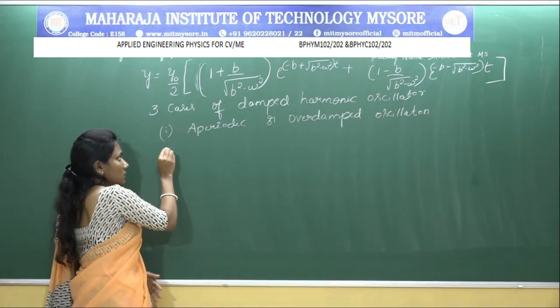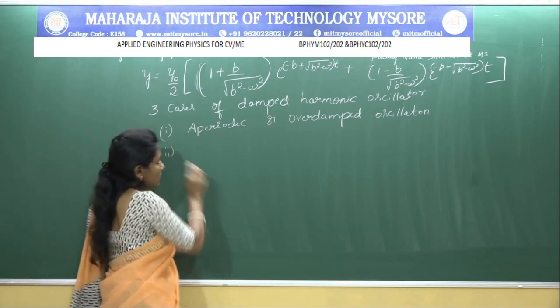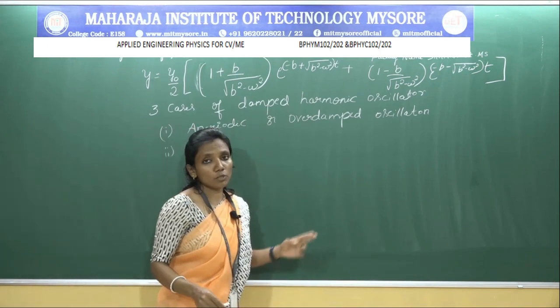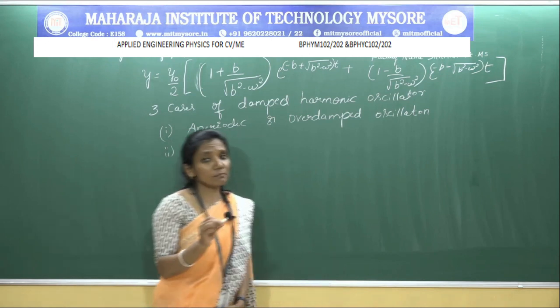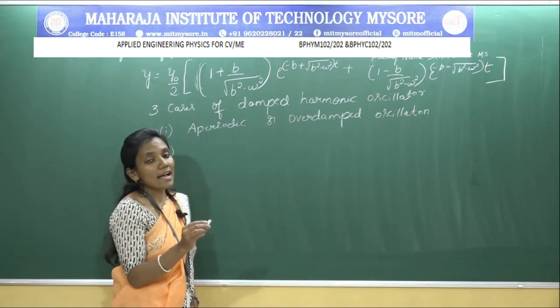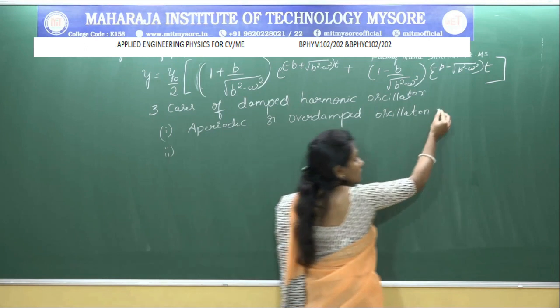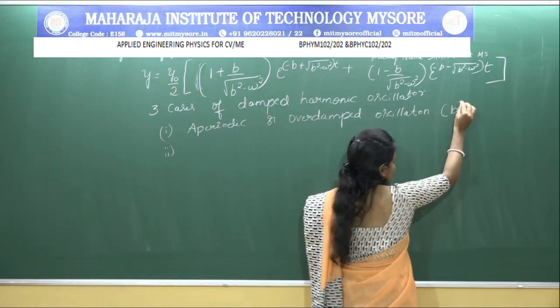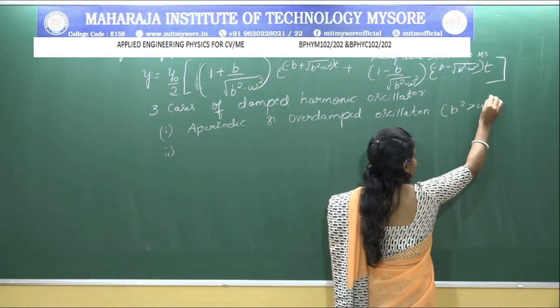In this aperiodic or overdamped oscillation, the damping will be more than the angular frequency. That is, b square is greater than omega square.